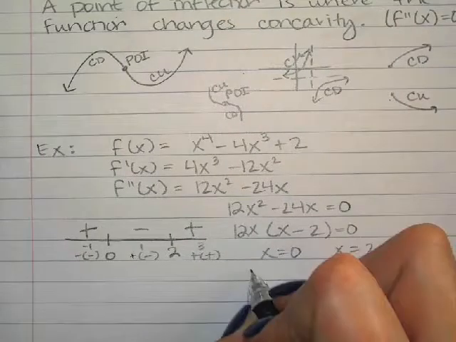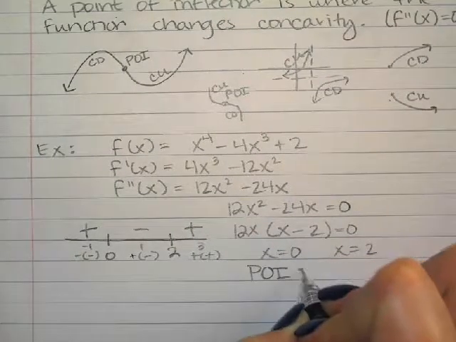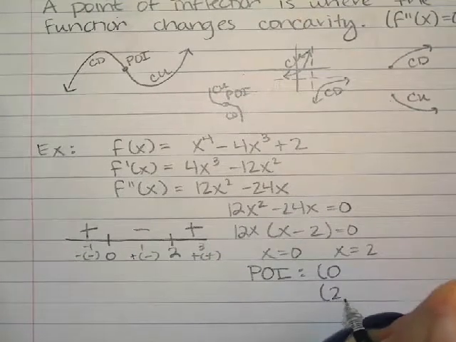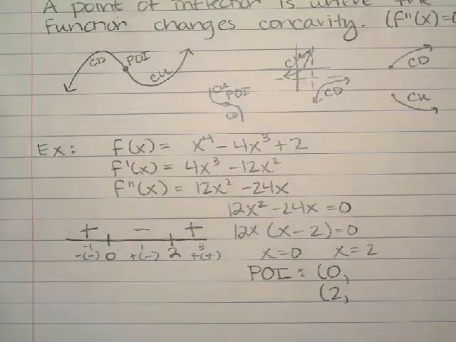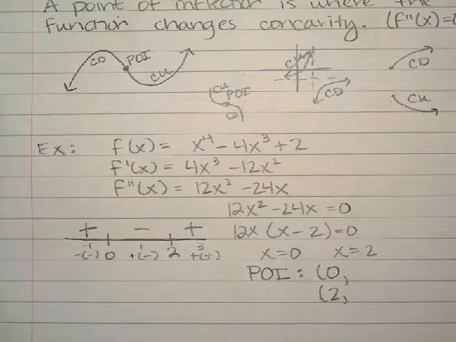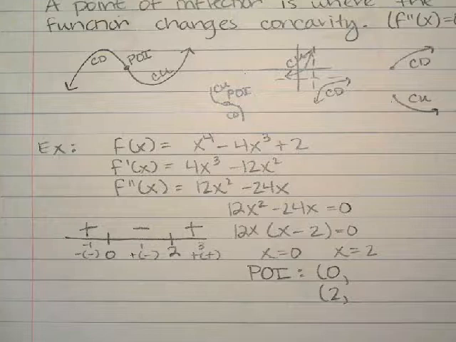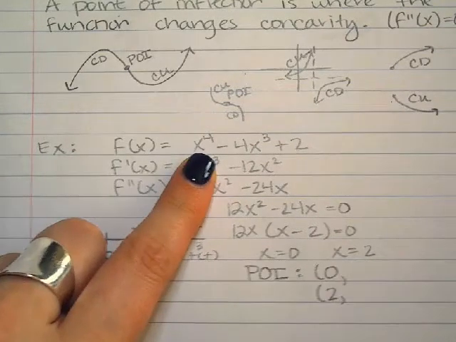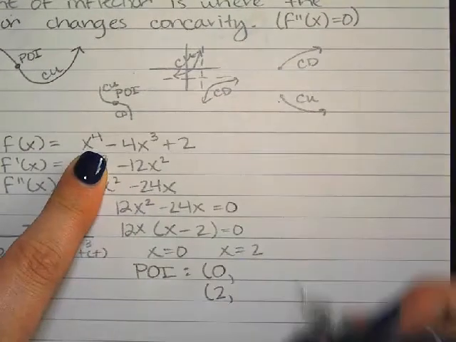So for the points of inflection, I've got an x-coordinate of 0 and an x-coordinate of 2. How do I find the y-coordinates? Plug them into the original, because the outputs of the original give you y-coordinates.